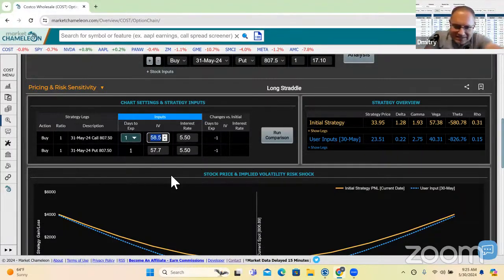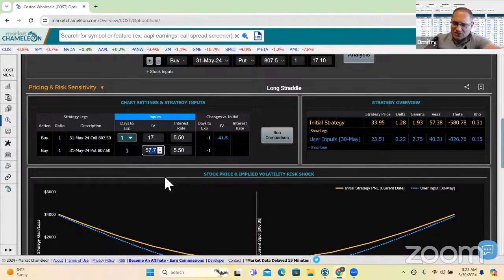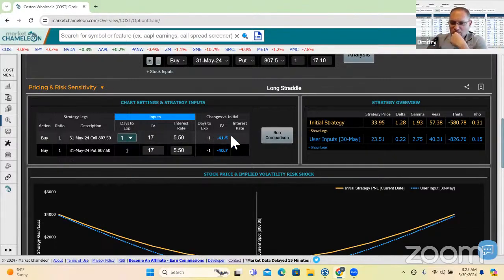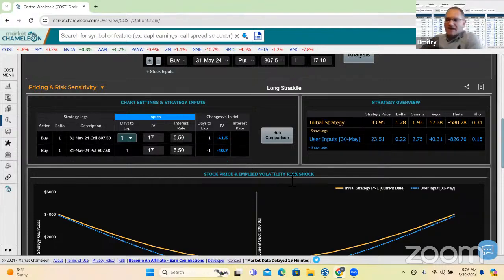So I'm going to type in 17 on the call, 17 on the put. So you could see here, I just decreased the implied vol by 41 on each one. So what are the changes I made? One day of decay. Obviously, we forwarded, and we removed the implied volatility. Now we said the implied vol is going to be lower.